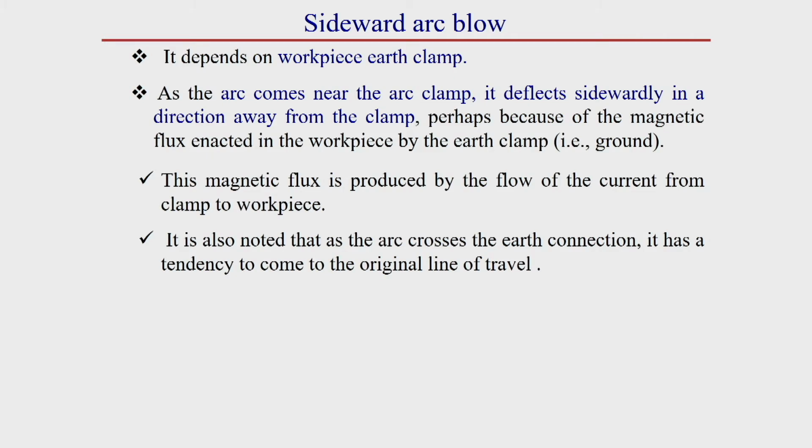Due to this, once the arc comes near the earth clamp position, it deflects sidewardly in a direction away from the earth clamp. It is also noted that as the arc crosses the earth connection, it has a tendency to come back to the original line of travel.